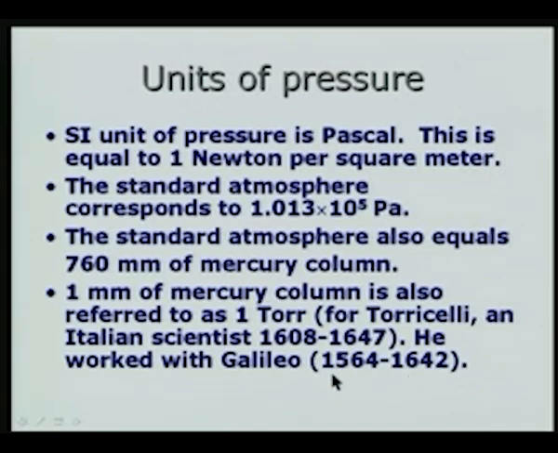In fact, Galileo and Torricelli are very important from our standpoint, because Galileo was the one who quantified the measurement of temperature for the first time. He suggested the use of what is called a baroscope, which actually converted the information regarding temperature to the measurement of a pressure.